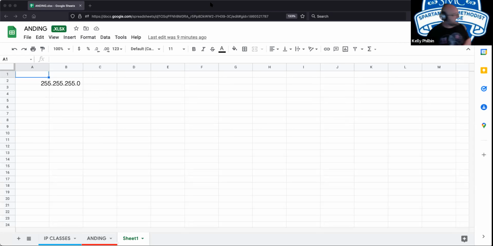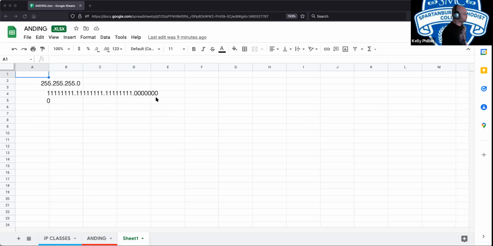So this would be the binary representation of a class C, the last 8 bits being zeros, that's our host.